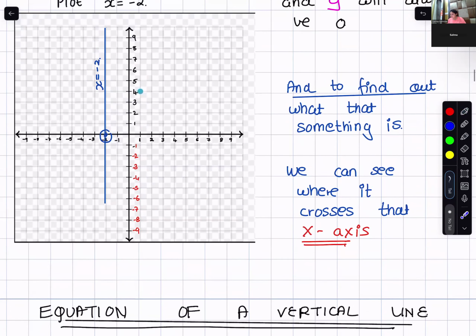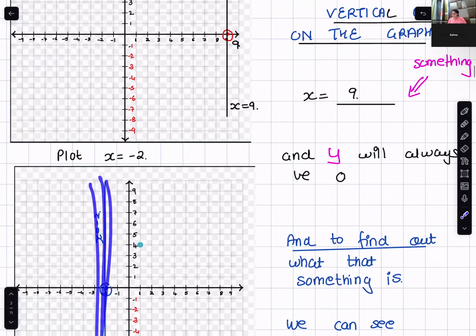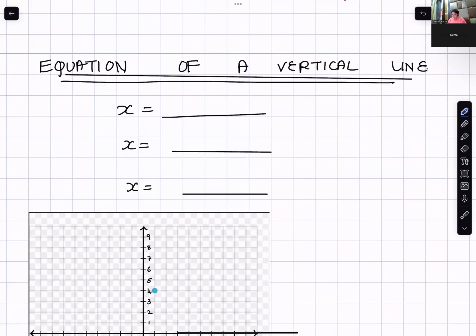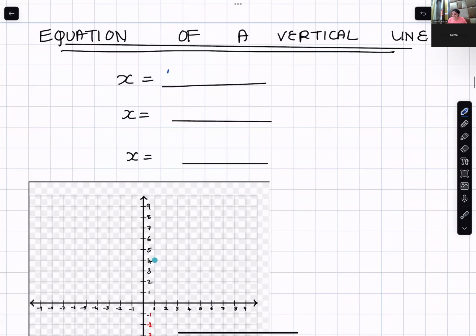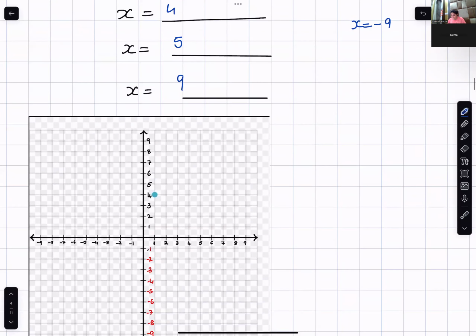So the equation of a vertical line will always be x is equal to something. We had x equal to 4, x equal to 5, x equal to 9, x equal to minus 9. This would be the equation of a vertical line.